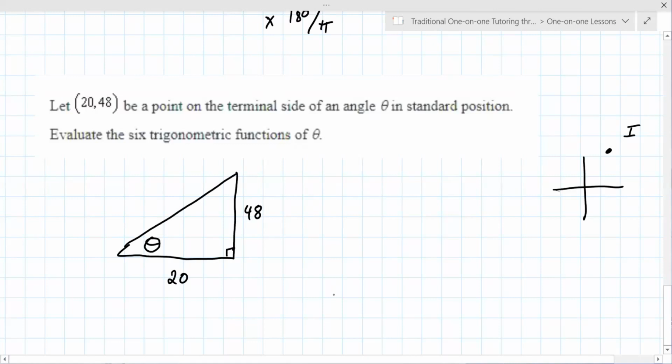Okay, so we normally do sine, cosine first and then tangent. But because they give you the opposite and the adjacent, we're going to do tangent first. So tangent is opposite over adjacent, 48 over 20. Now in your problem, I believe it's simplified.